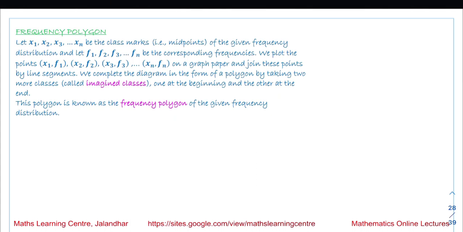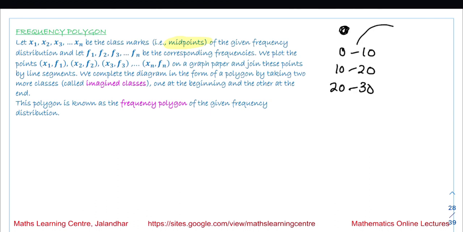So we say that x1, x2, x3 and so on up to xn are the class marks. Class marks means the midpoint. Suppose the first interval given to us is 0 to 10, next is 10 to 20, next is 20 to 30.